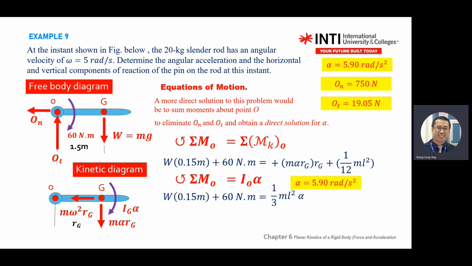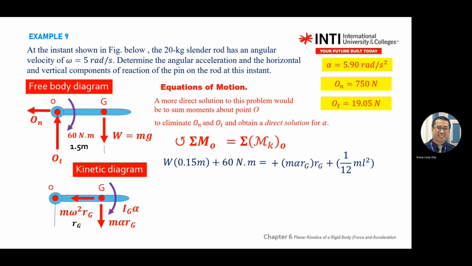There is something missing in my equation here. Do you see something missing in my calculation? What is missing? No, here, the moment. We deal with moment. This one, you already found W and the moment.